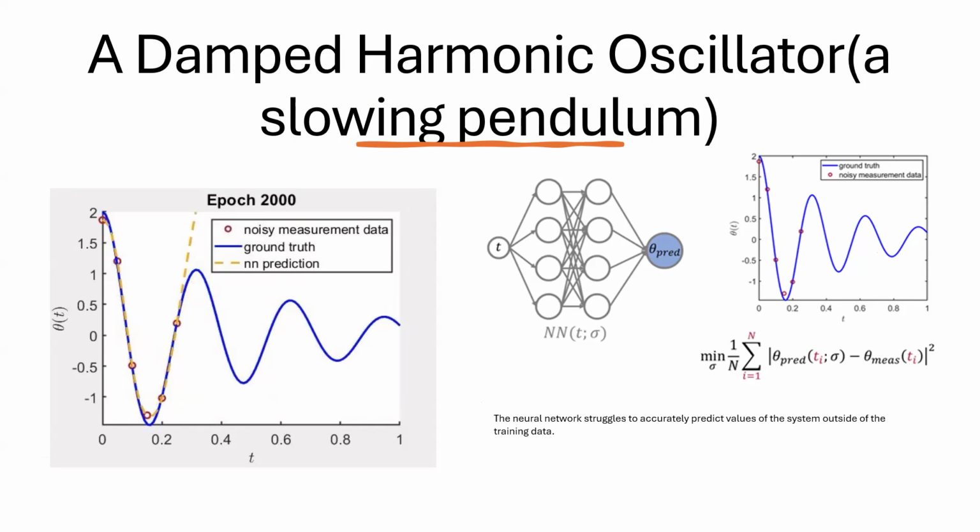For a simple pendulum in physics, we do know the differential equation that satisfies this motion. So at the end, you have the time t, and you have the prediction that you get from the neural network.